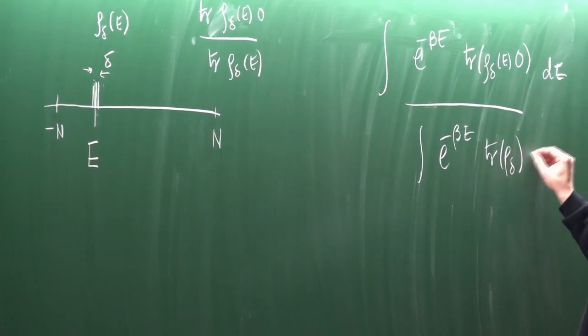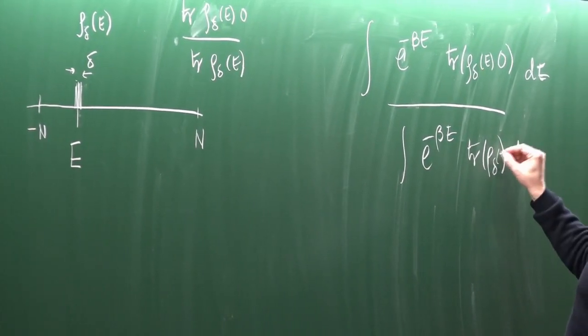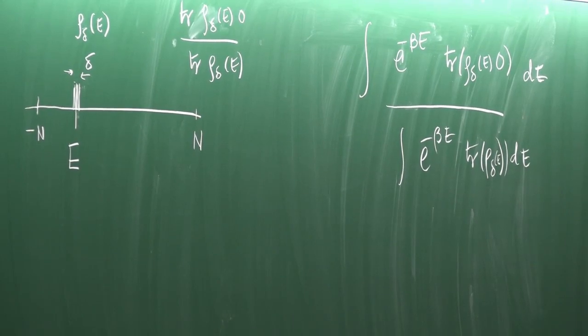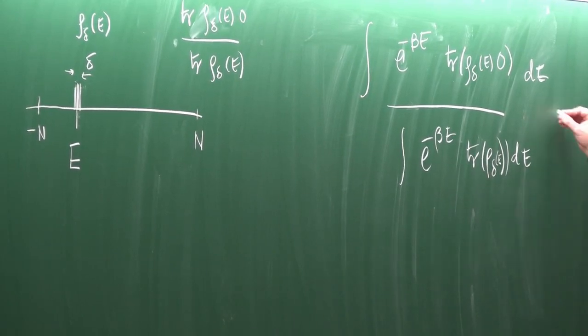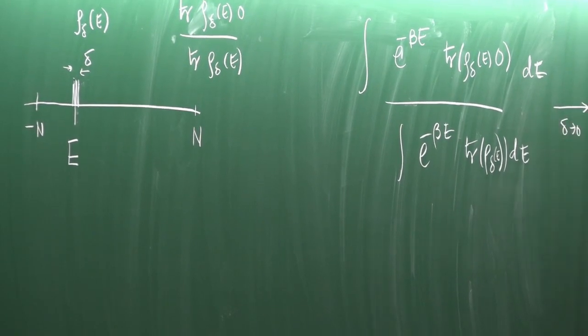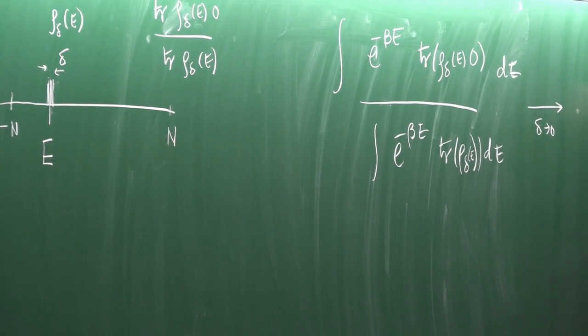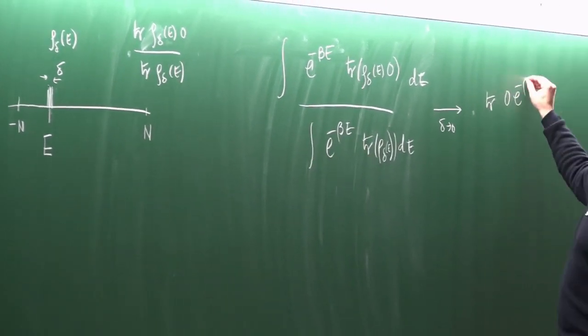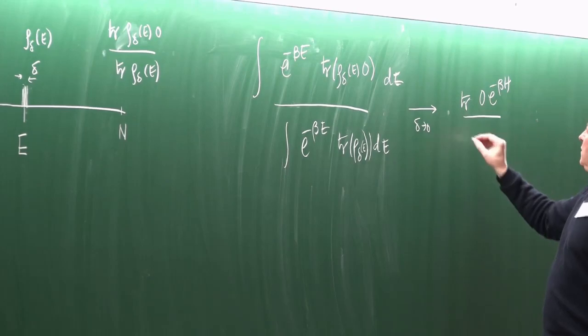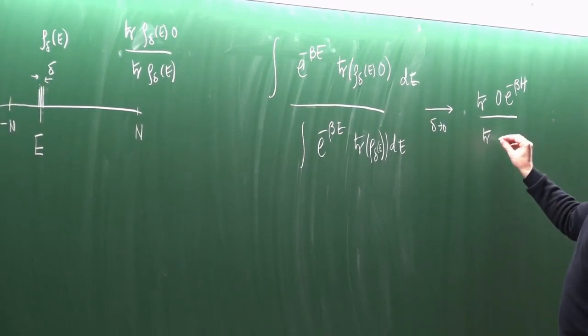Maybe I can also compute things like that, and then you can convince yourself that when delta goes to 0, this would give me exactly what I'm after: the trace of the observable times e to the minus beta h, divided by the trace of e to the minus beta h.